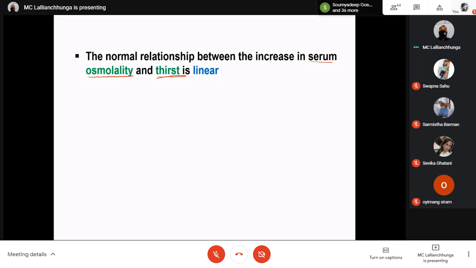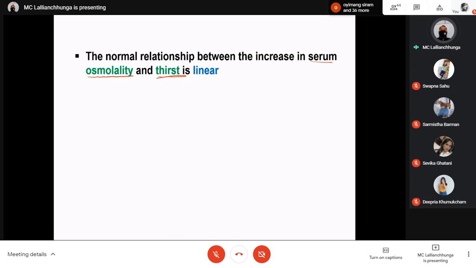Higher the osmolarity of the serum or the plasma, the more the intensity of thirst. More concentration of solute in the blood means more intensity of thirst.